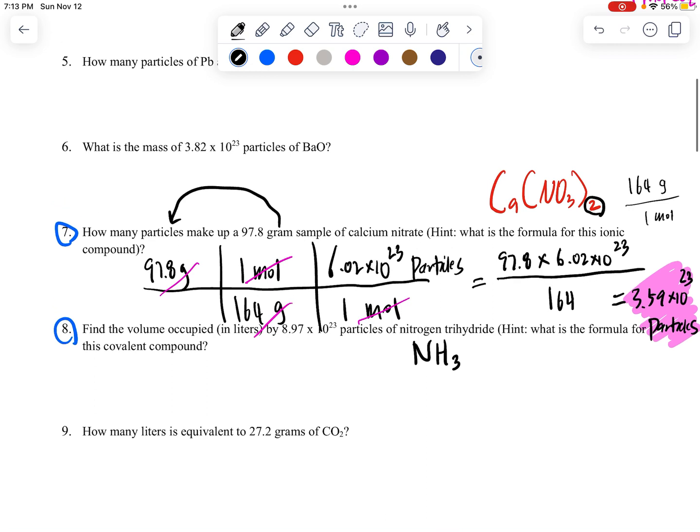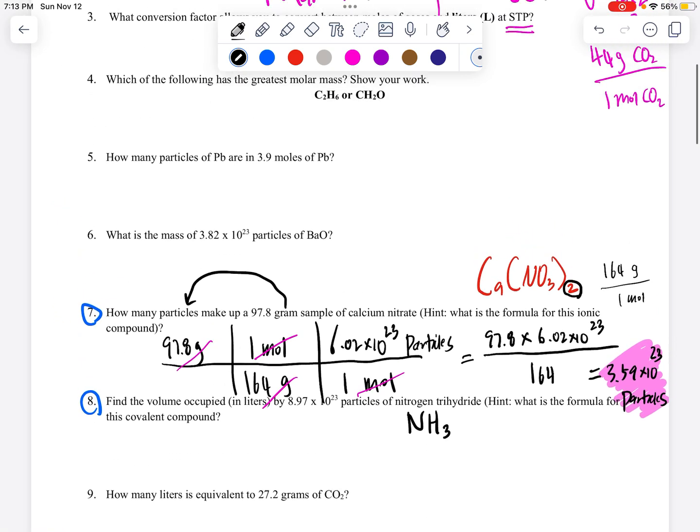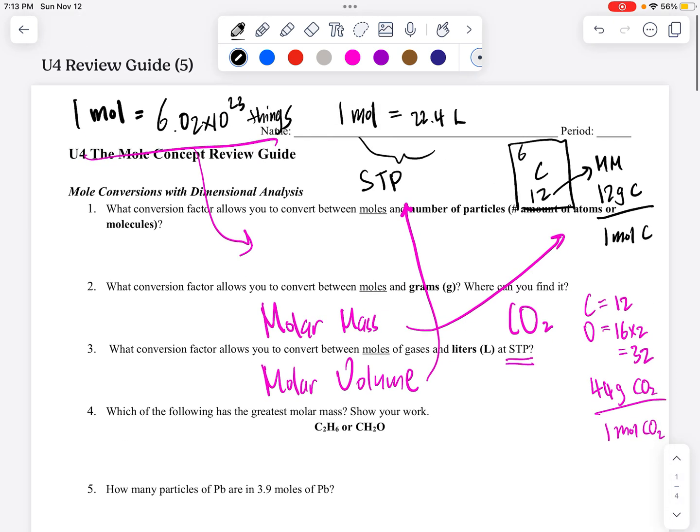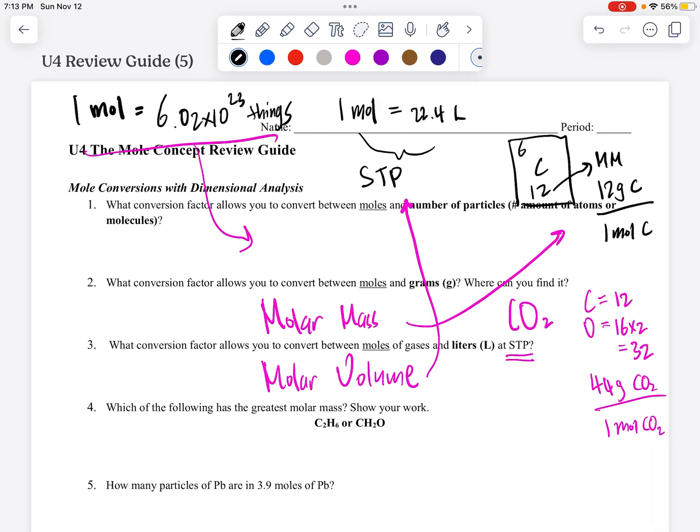Is there an equation that would take us directly from number of particles to volume? No, there is not.